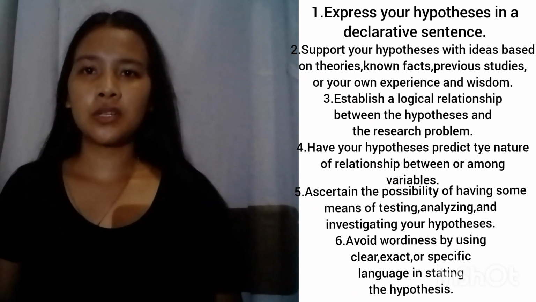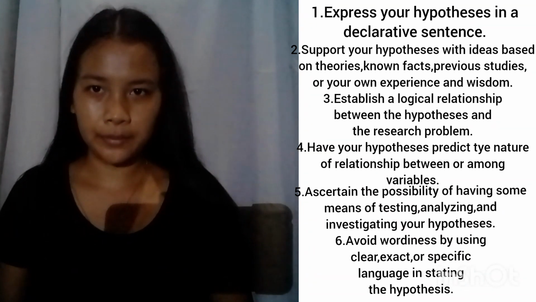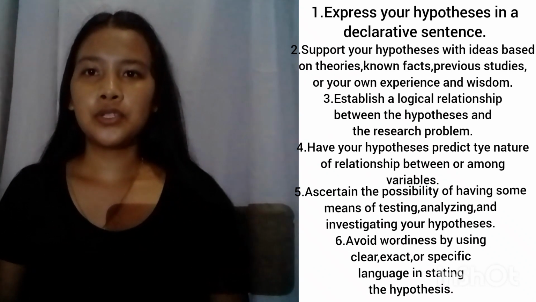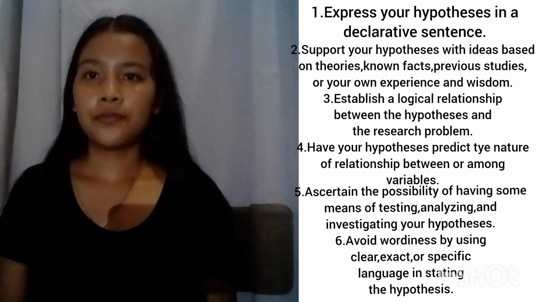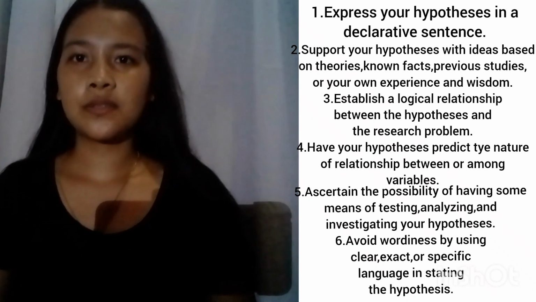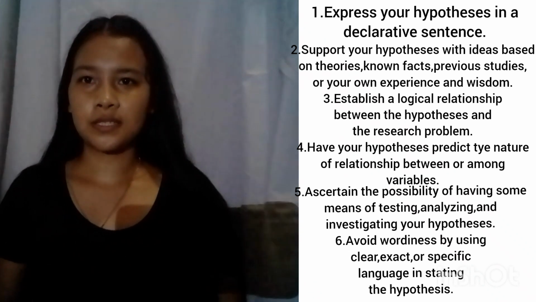Third, establish a logical relationship between the hypothesis and the research problem. Fourth, have your hypothesis predict the nature of relationship between or among variables. Fifth, ascertain the possibilities of having some means of testing, analyzing, and investigating your hypothesis.